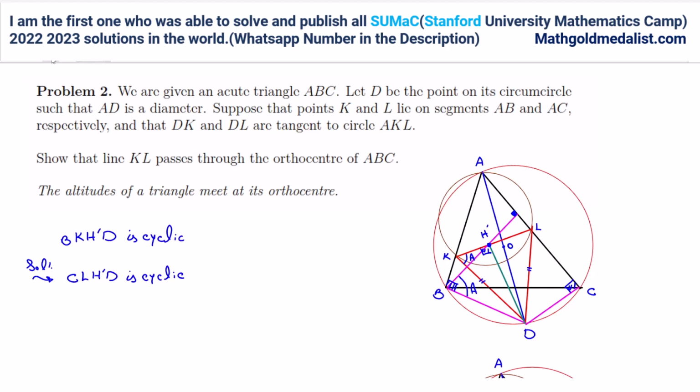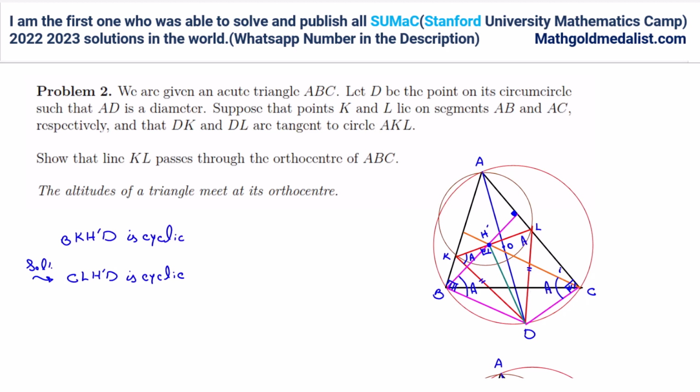Could you give more hint? Okay, sure. If we connect C to H prime, this angle would be what? That would be KLD. Exactly, A. It is equal to this one because it's cyclic, A, right?